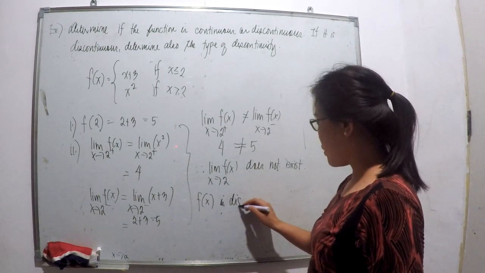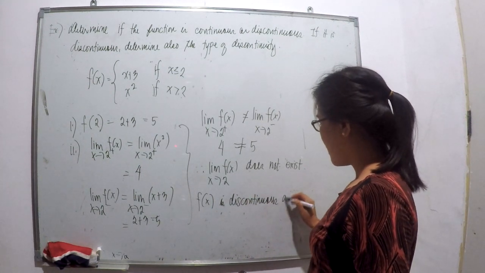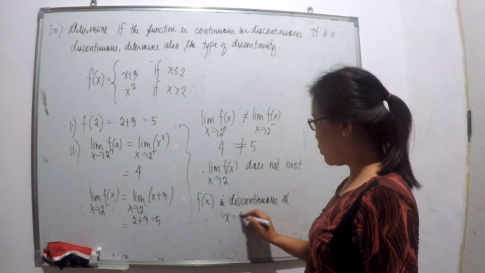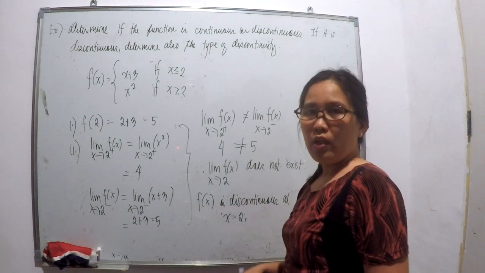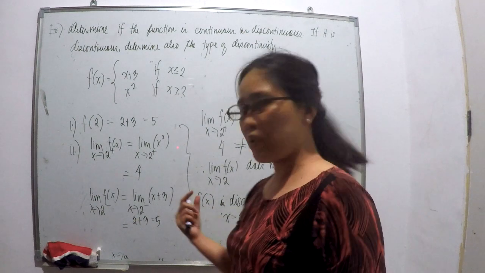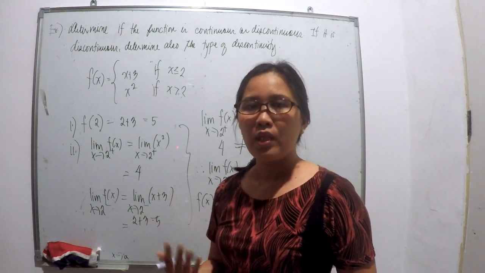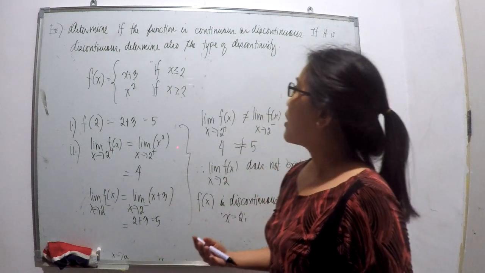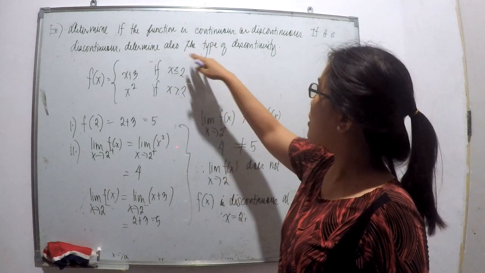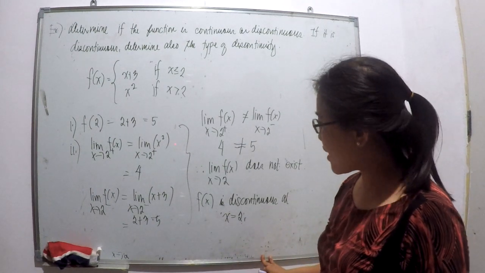F of x is discontinuous at x is equal to 2. Now, we have determined that f of x is discontinuous at x is equal to 2. This time, we are also to determine the type of discontinuity. So, what type of discontinuity is this?